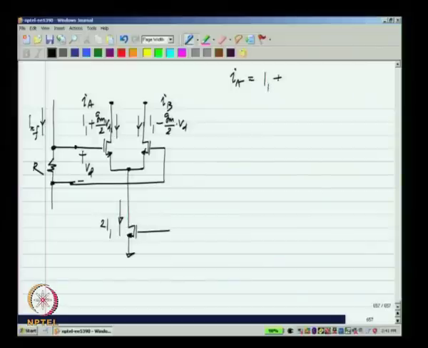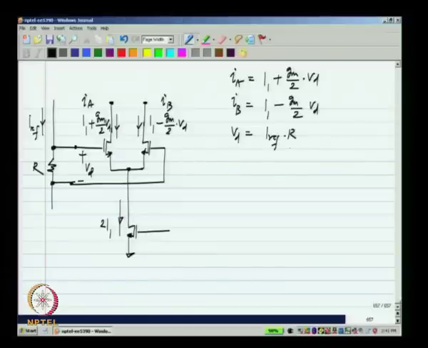IA is I1 plus Gm by 2 times Vd, IB is I1 minus Gm by 2 times Vd, and Vd itself is Iref times R, and again this R is assumed to be constant with temperature. Okay.